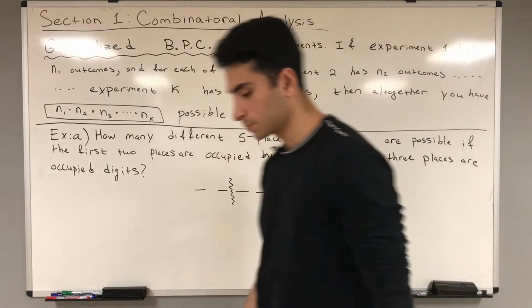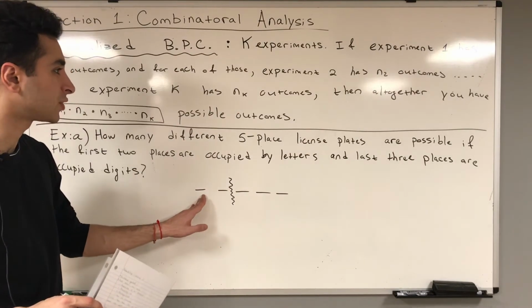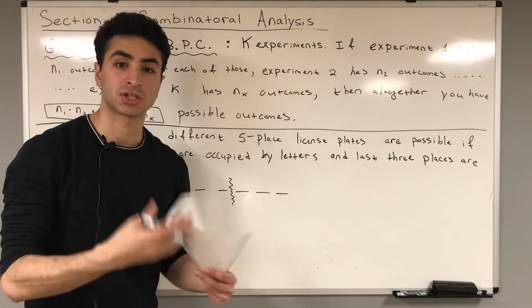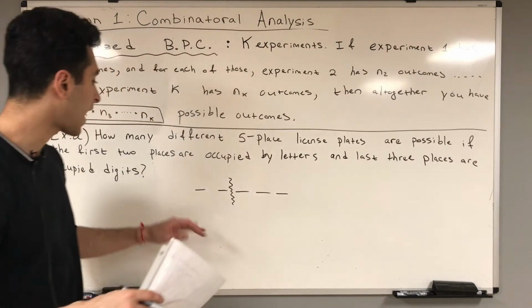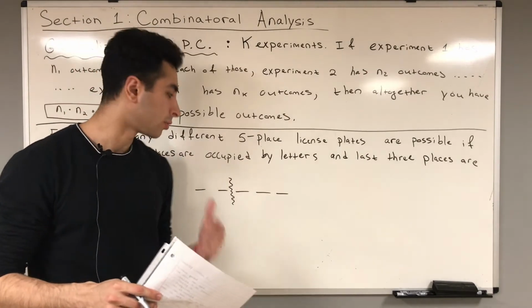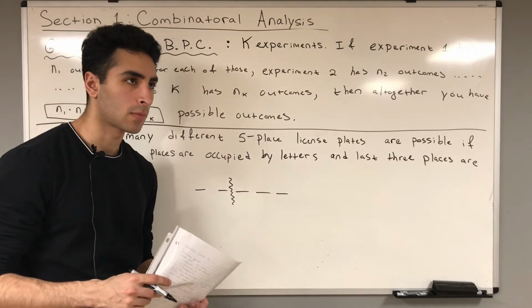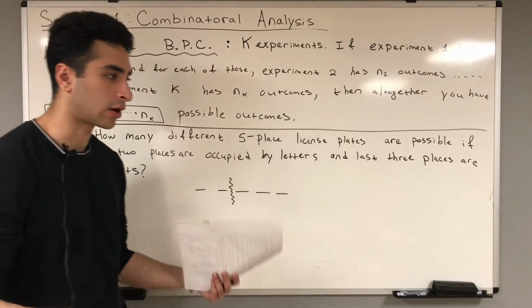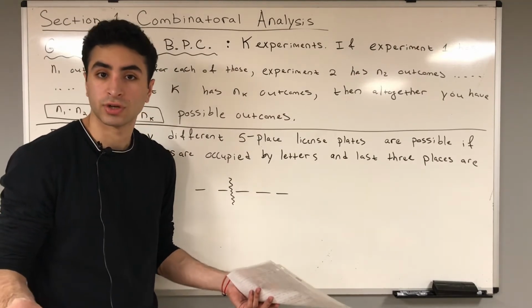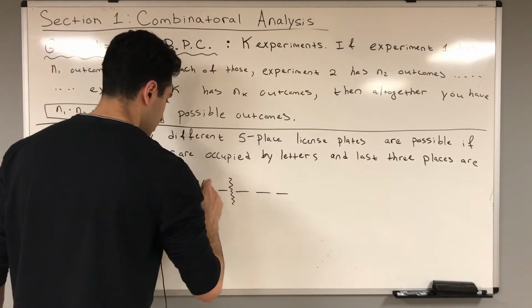Experiment 1: you have to choose a letter from the English alphabet, which has 26 letters. How many possible outcomes can we get in our first experiment? If I could choose any letter I want out of the 26, then we should have 26 outcomes for experiment 1.